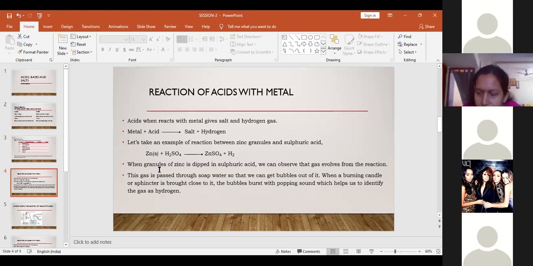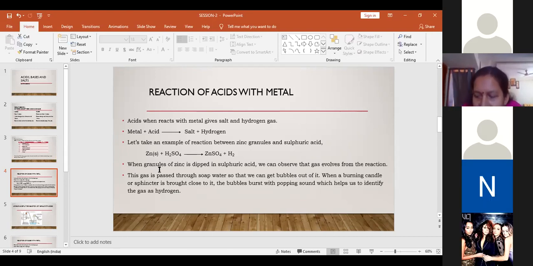Ma'am, I have a doubt. Ma'am, Farhan. Yes, Farhan? Ma'am, why is vinegar considered a weak acid? Vinegar is considered a weak acid because vinegar contains acetic acid. Now, acetic acid, when it is present in the lab, is considered a very strong acid.